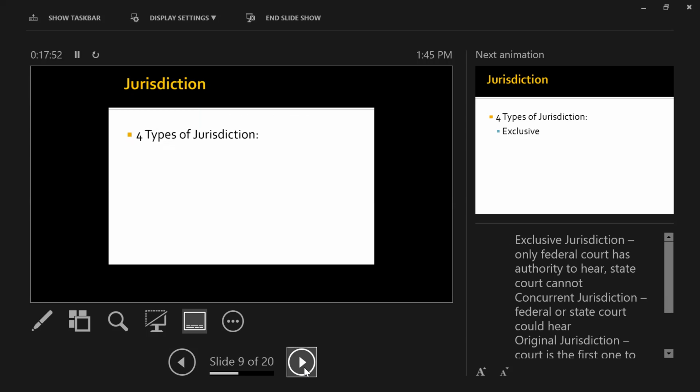Now, there are 4 types of jurisdiction, which means who hears what kind of court case. If something falls under exclusive jurisdiction, that means that only a federal court has the authority to hear the case.